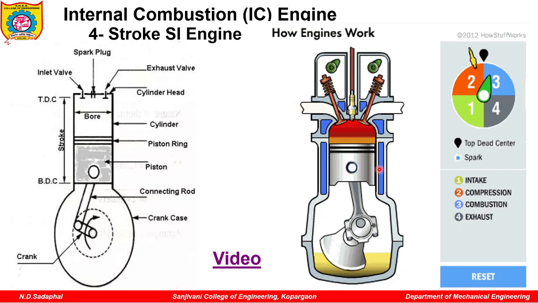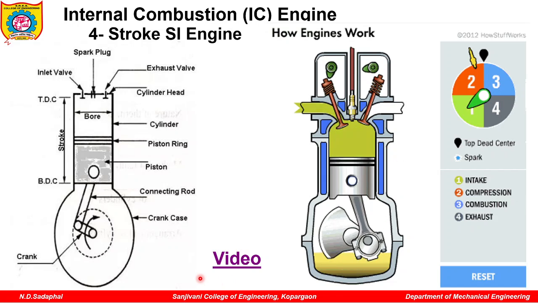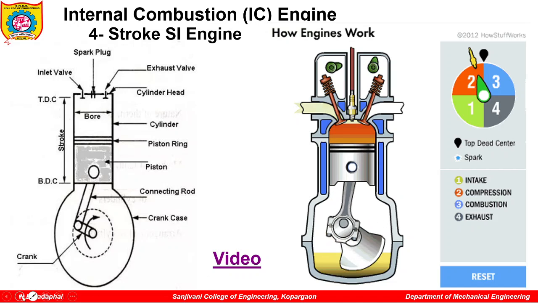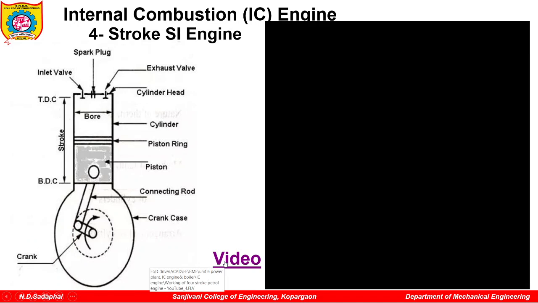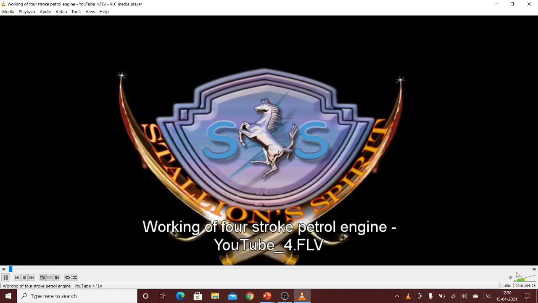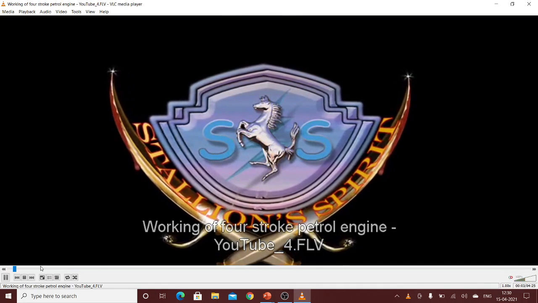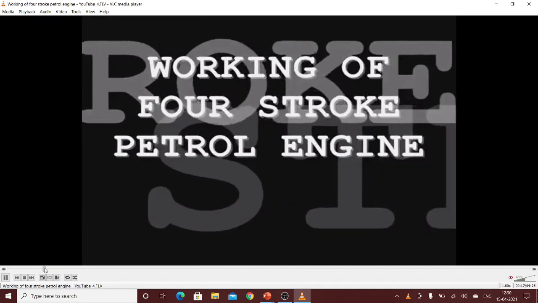Now the animation is there, so you can see it in the animation. Otherwise we'll see the video of the total process, then we'll get a clear idea. In two wheelers this four-stroke engine is used.